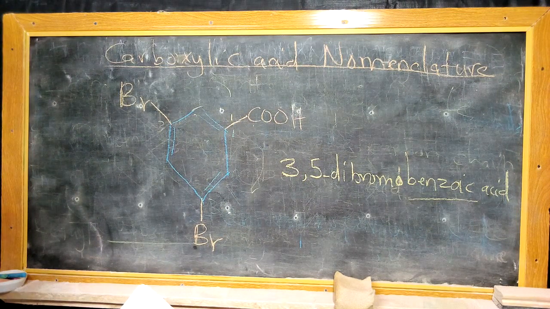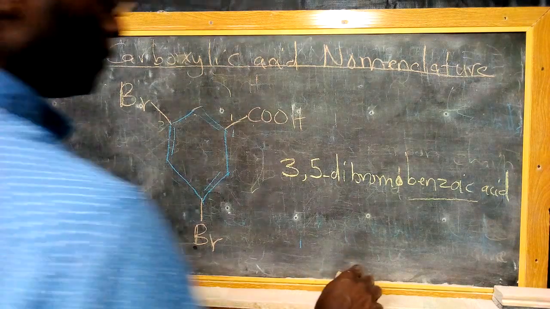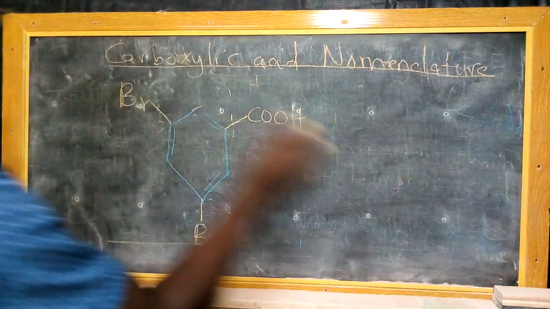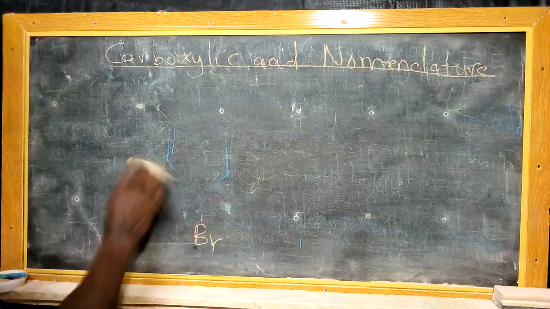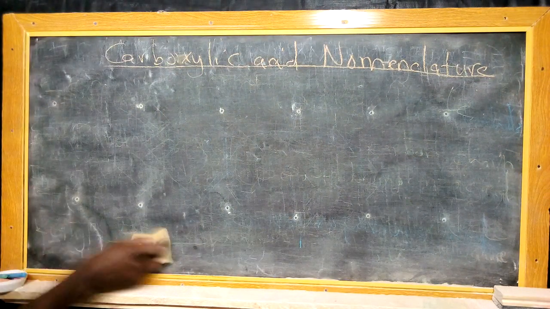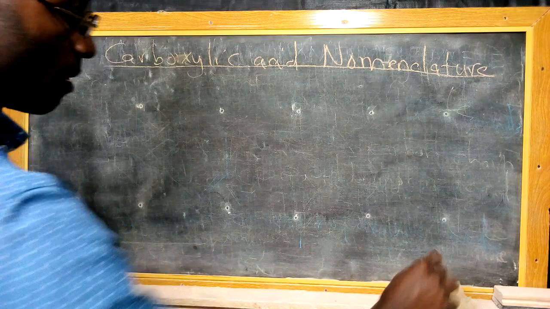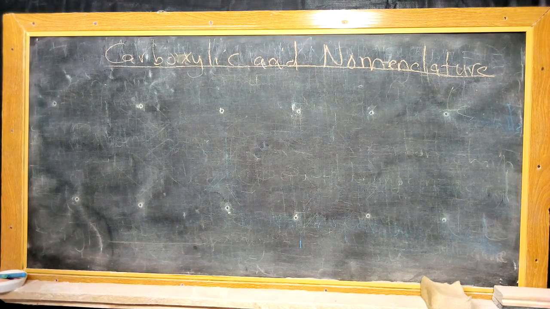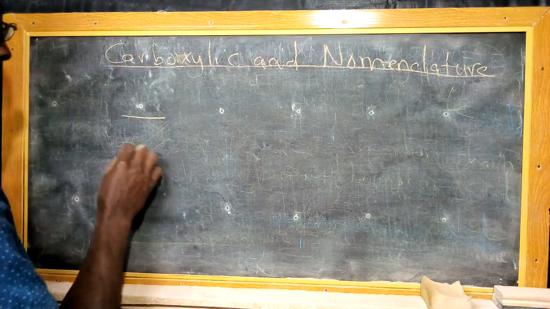So let's look at another example. What if the cyclic compound appears as a substituent in a molecule that is regarded as an organic carboxylic acid? So let's look at this example.